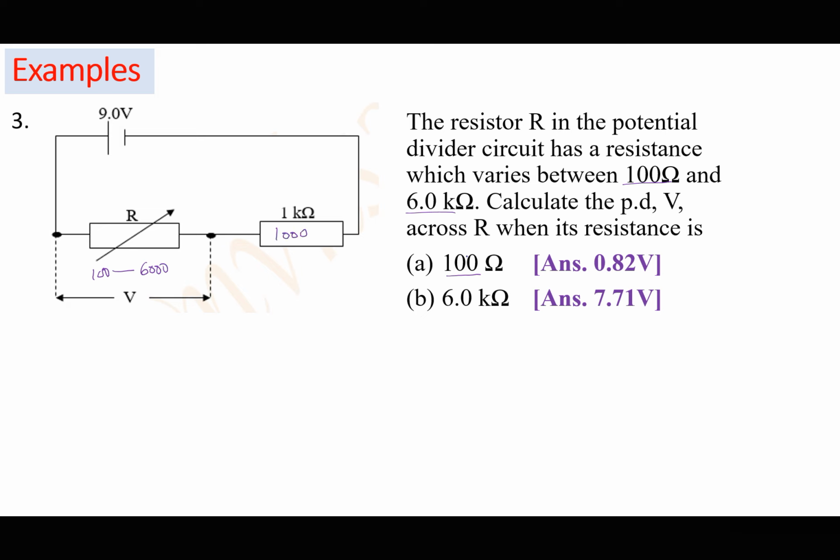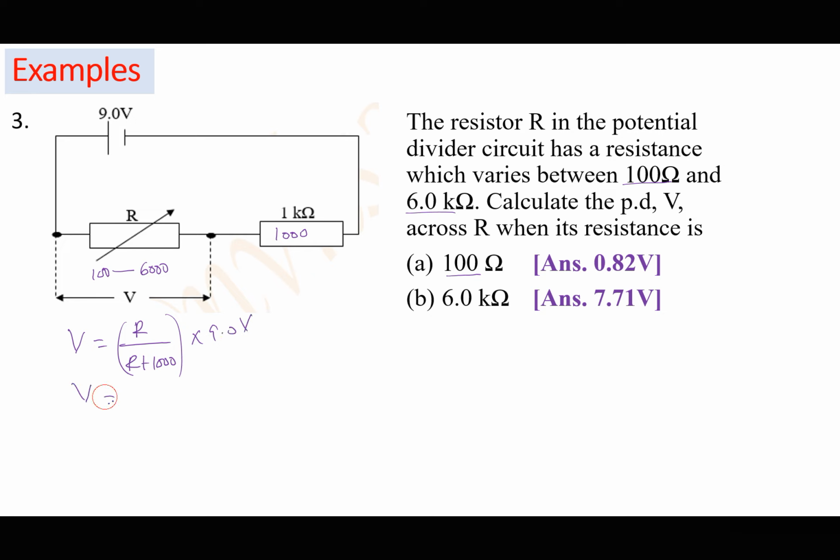Calculate the PD across R when its resistance is 100. So remember, V is going to be equal to R divided by R plus 1000, then times the voltage supply, which is 9. That is using the potential divider formula.